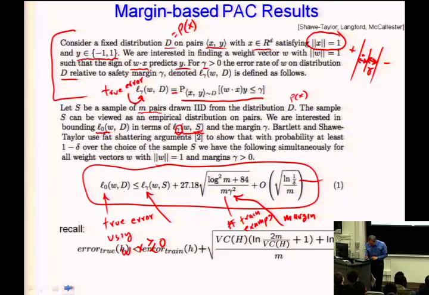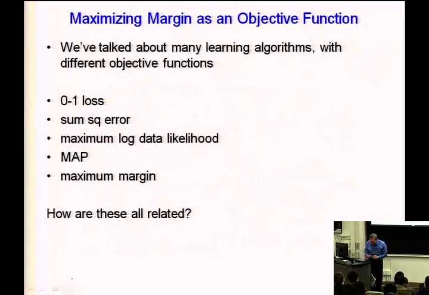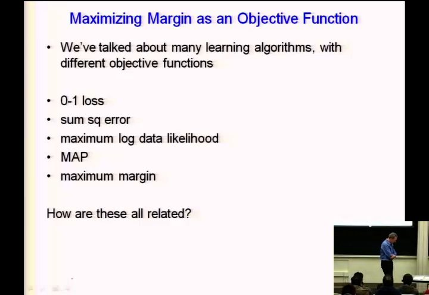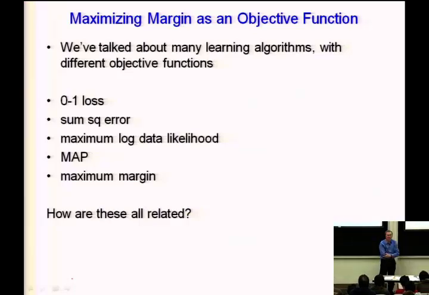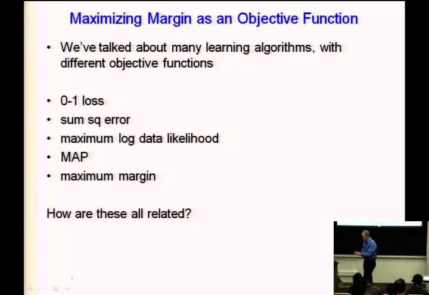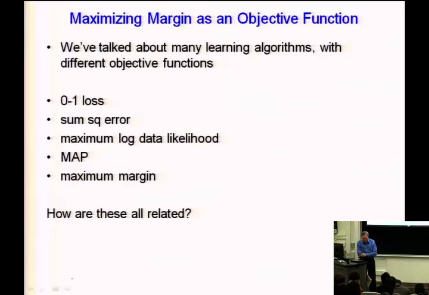So the bottom line is there's an interesting map back to our old friend PAC learning theory. And the final thing, just one slide I want to talk about: in practice, when I use support vector machines, I get accuracies that are very similar to when I use regularized logistic regression.